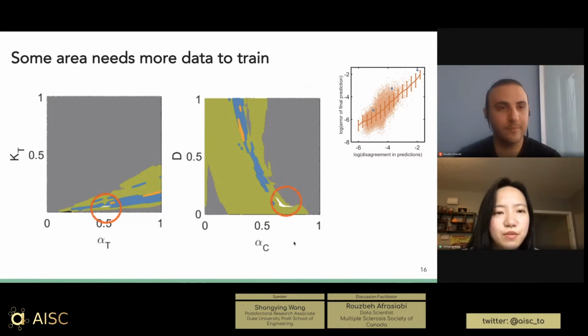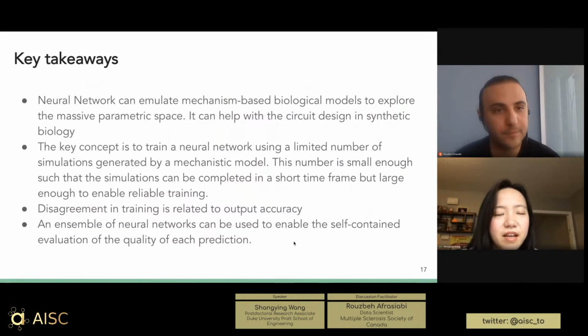So the key takeaway is first, neural networks can emulate mechanism-based biological models. Then they can help with the circuit design in synthetic biology. And the key concept is to train a neural network using a limited number of simulations generated by mechanism-based models. This number is small, such that the simulation can be completed in a short time frame.